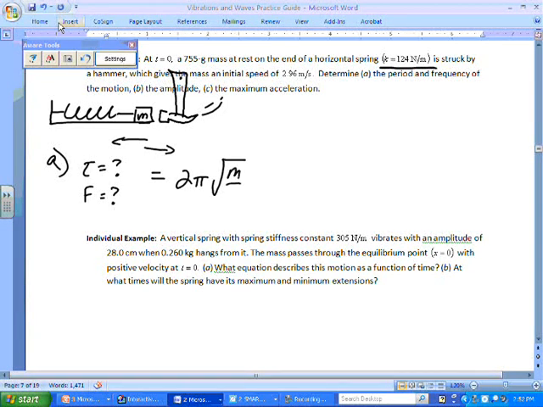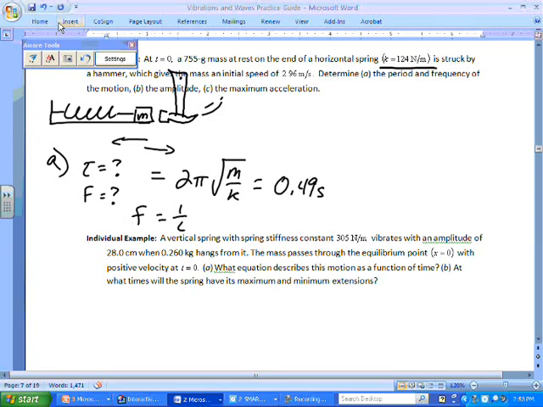Now in this case we have m and we have k, and we can plug in those values. So when we plug in 2 pi times the square root of 0.755 kilograms divided by 124 newtons per meter, we should get 0.49 seconds for period.